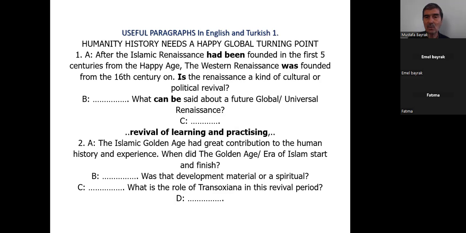What was that development, material or spiritual? It was both physical, material, and spiritual. What is the role of Transoxiana in this revival period? Yes, Transoxiana played a vital role in this revival period. Yes, a lot of learned people came about during that time. Okay.